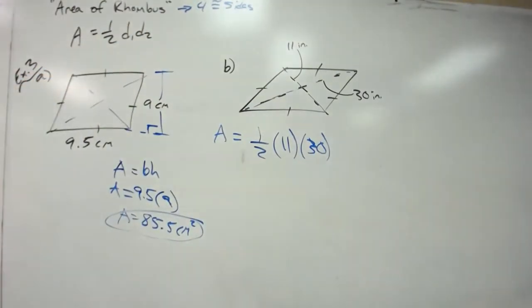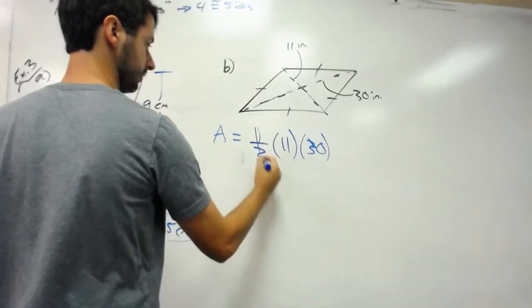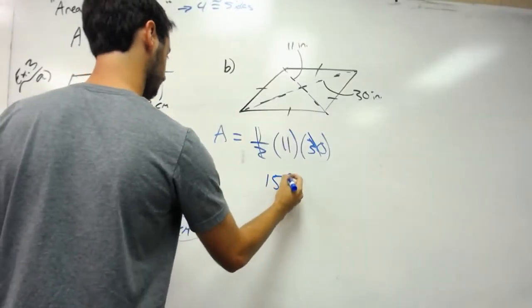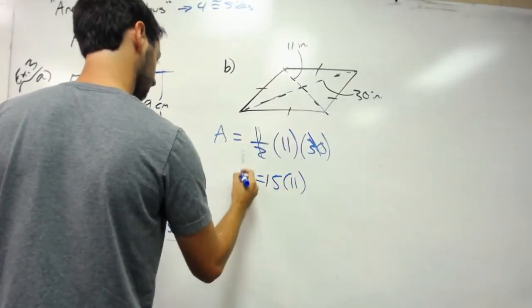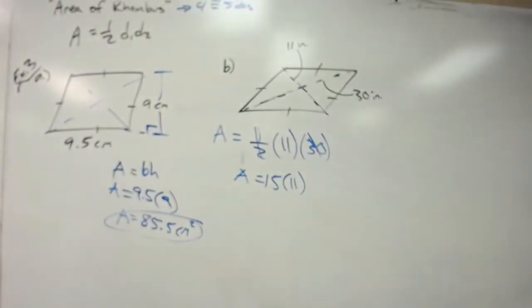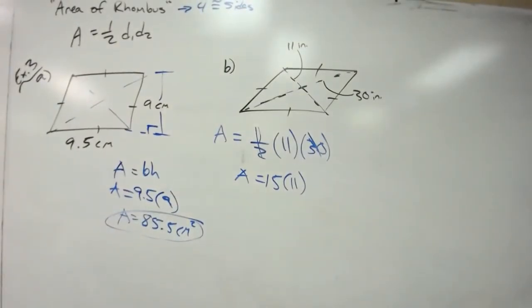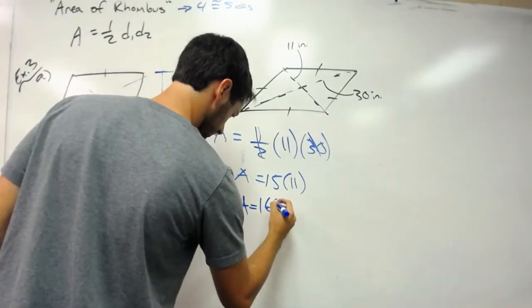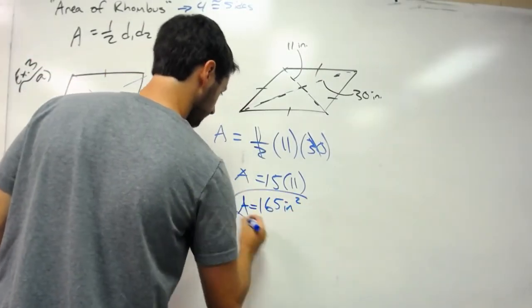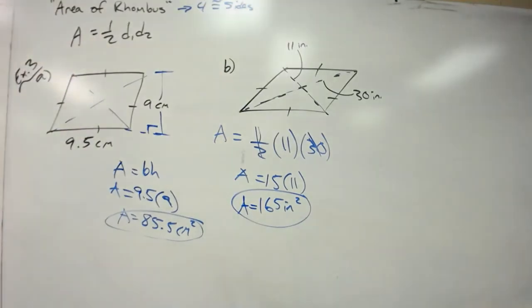I'm going to do 1/2 of 30 is 15 times 11. 15 times 11 would be 165 inches squared. So those are 3 different quadrilaterals and finding the area for those. Very, very easy math. You just have to know the formulas to plug them in.